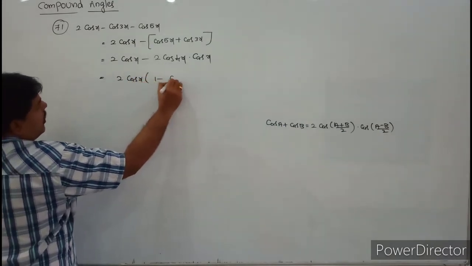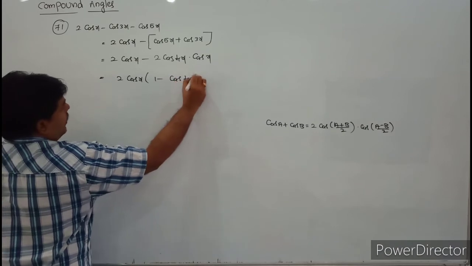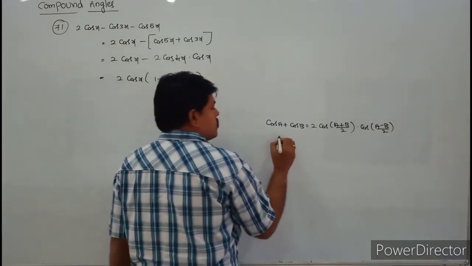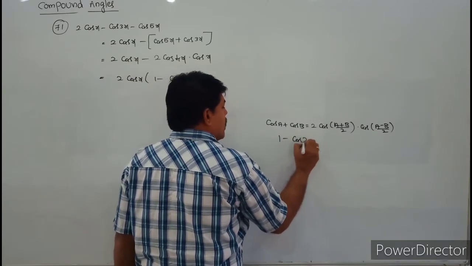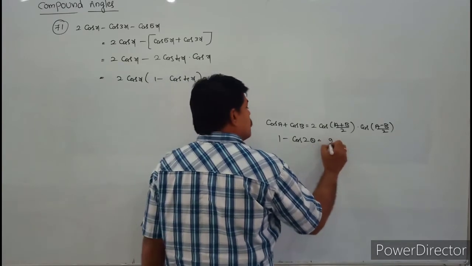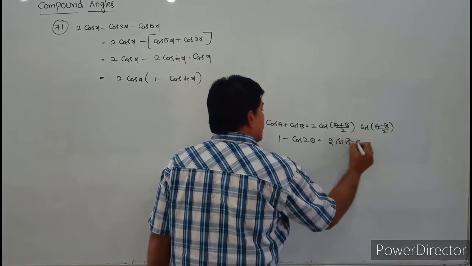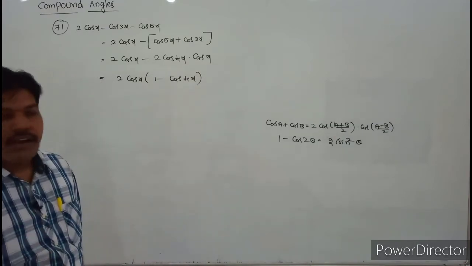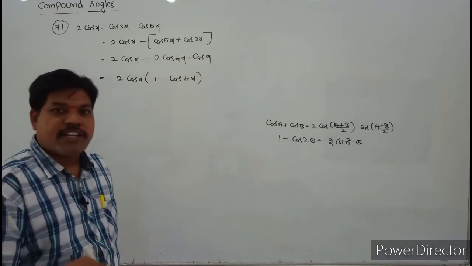That is nothing but 1 minus cos 4x. You have the formulas: 1 minus cos 2 theta. The formula for cos 2 theta is 1 minus 2 sin square theta, so 1 minus cos 2 theta is 2 sin square theta.